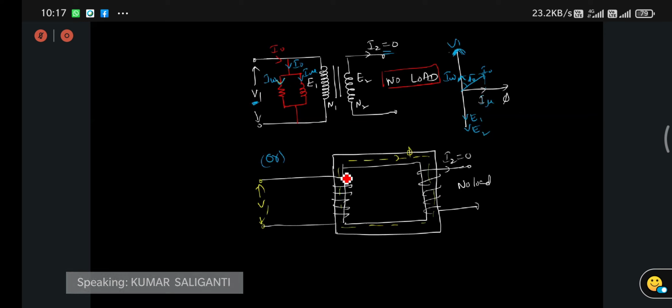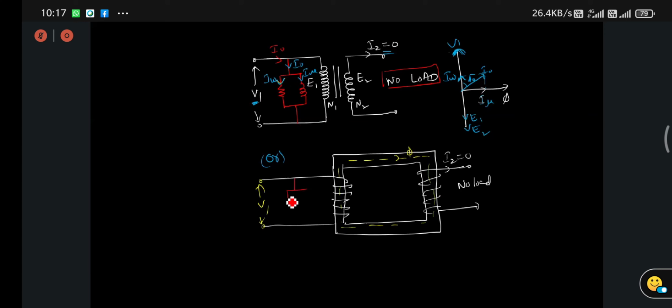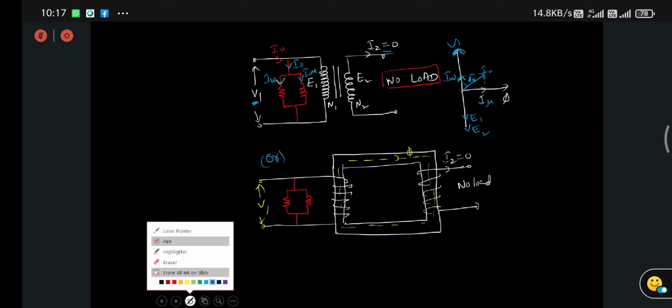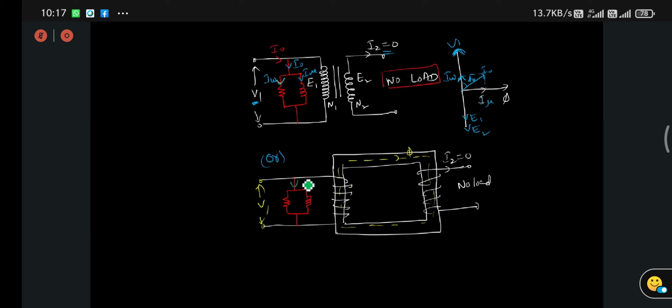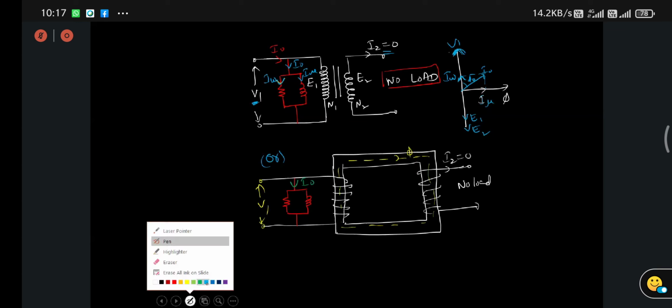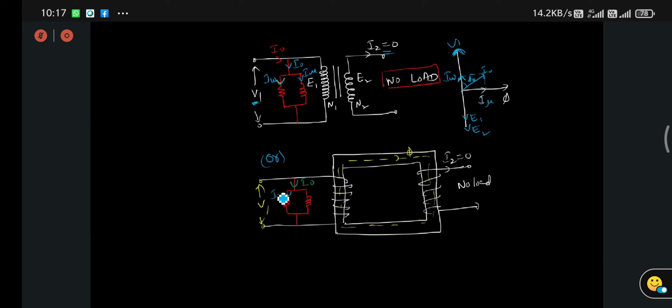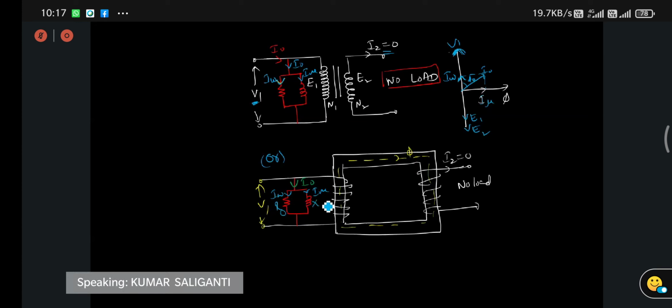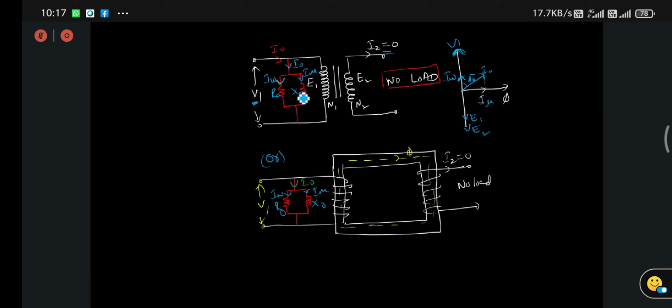No load means we have this circuit. The no load current has two components: the working component, which is resistive in nature, and the magnetizing component, which is inductive in nature. These are R naught and X naught. The phasor diagram is the same, or you can draw it like that.